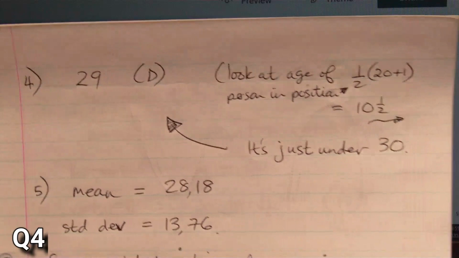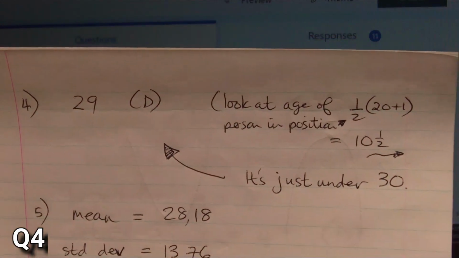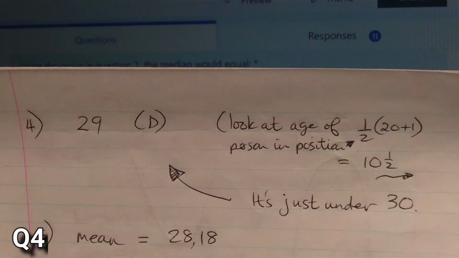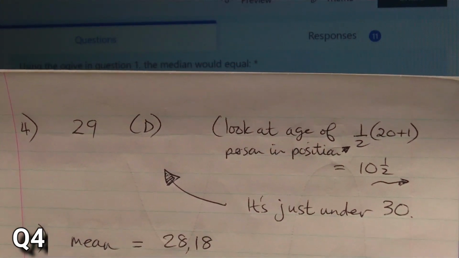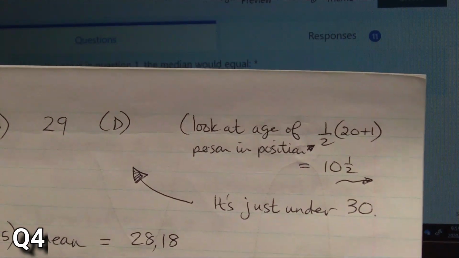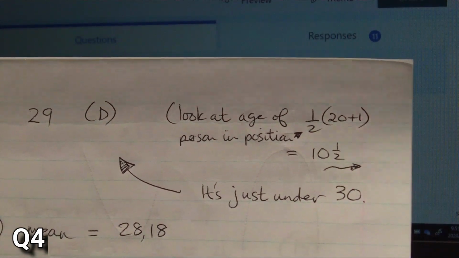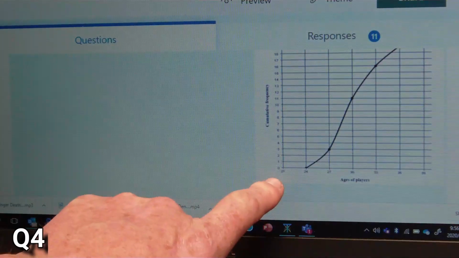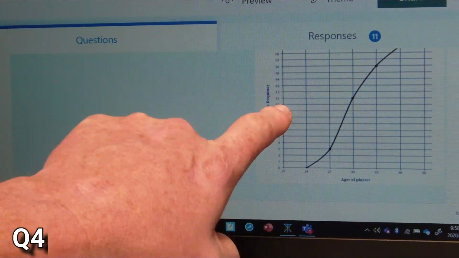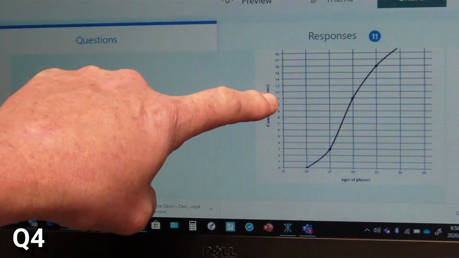Again, using the same ogive, they want to know what the median is. If there's 20 people, you stick that into the formula to find the position of the median. It's position 10.5. So there's your 10th person, there's your 11th person.